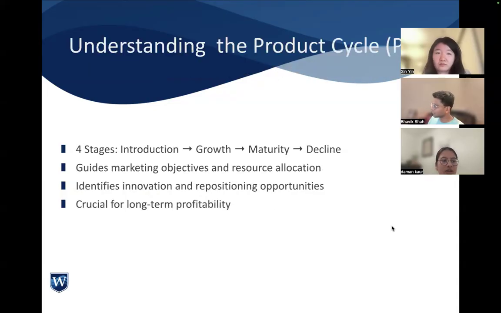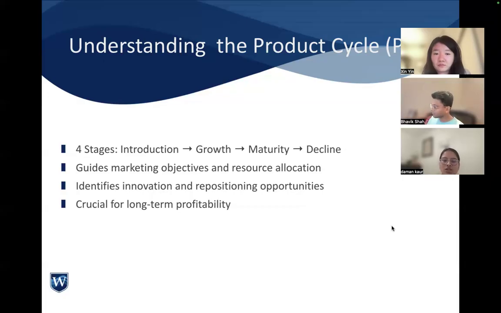Next. Talking about the second slide, that is understanding the product life cycle, which is very crucial. First of all, the product life cycle is a business concept that describes the stages a product goes through from its introduction into the market to an eventual decline and removal.